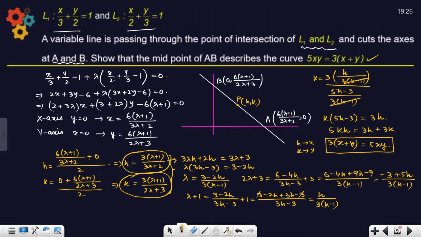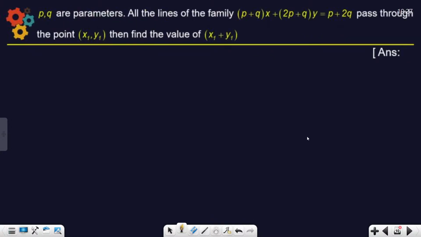Let us move for the next problem. So this question. What is the question? P and Q are the parameters. All the lines of this family pass through the point (x1, y1).